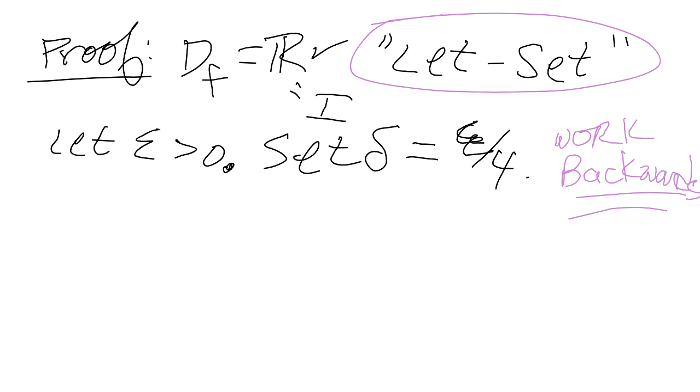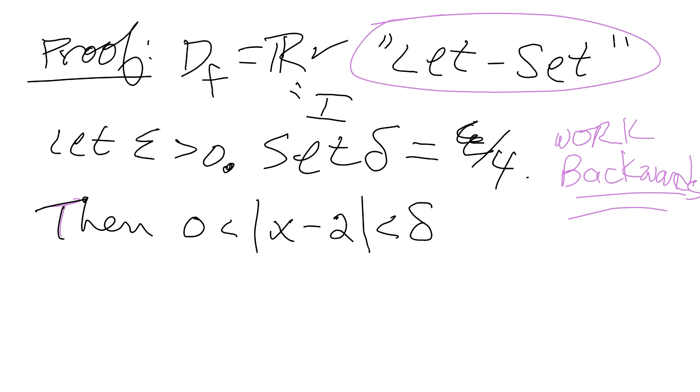So this implies, then what we need is, 0 is less than the absolute value of x minus a, which is 2, is less than delta, implies what? Well, I'm going to use a different color for the left side here. What does this say?